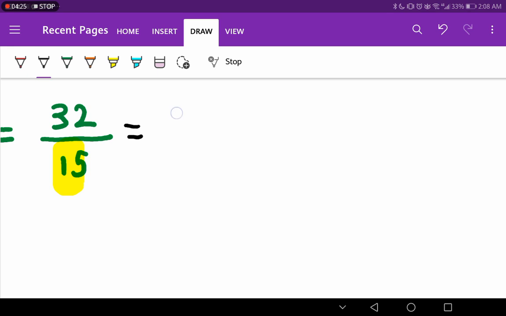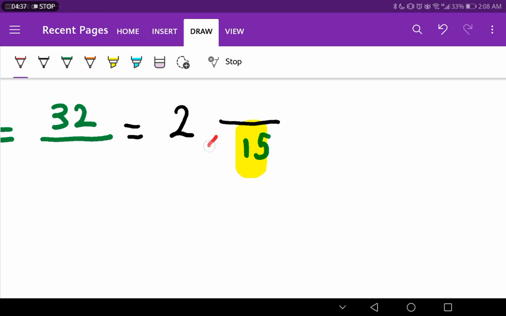Yes, it is 2. You write 2 and draw this line and copy the denominator here, and draw this multiplication. Now 15 multiplied by 2 equals 30.